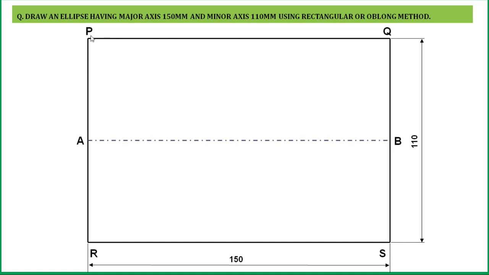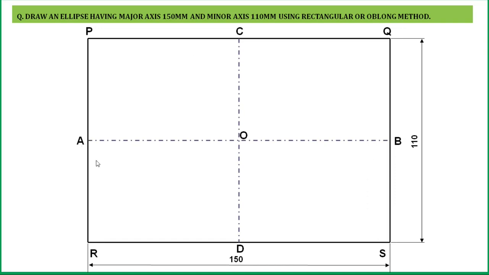Similarly, by taking the midpoints of PQ and RS, we'll draw the minor axis, represented by the letters CD. The point of intersection of the minor axis and the major axis is designated by O. Now the ellipse we are going to draw will be enclosed in this rectangle.